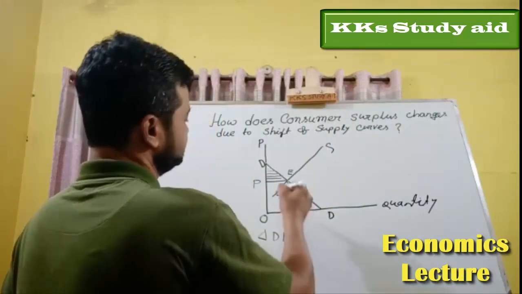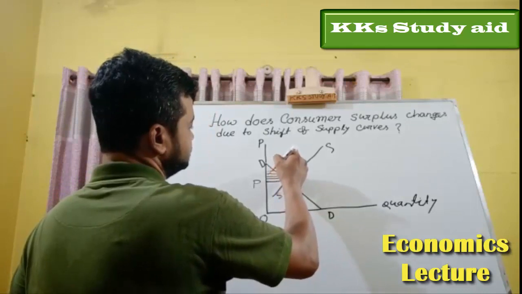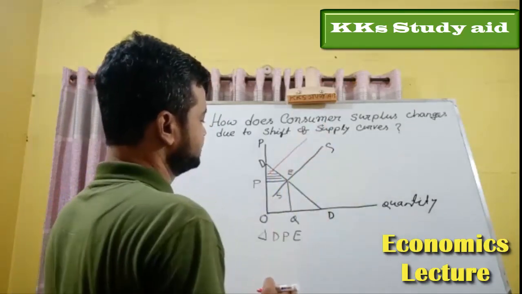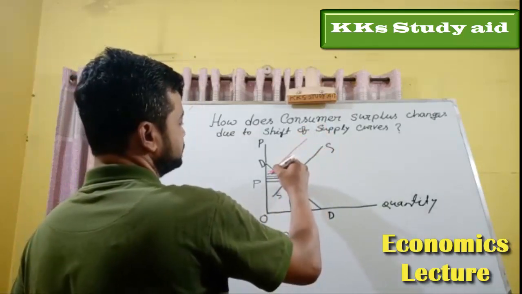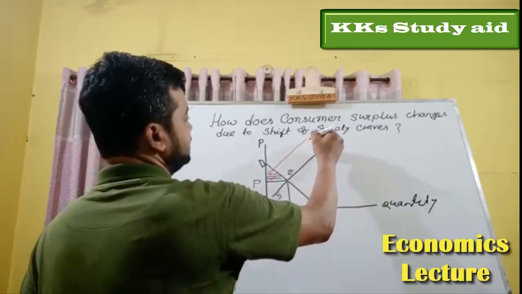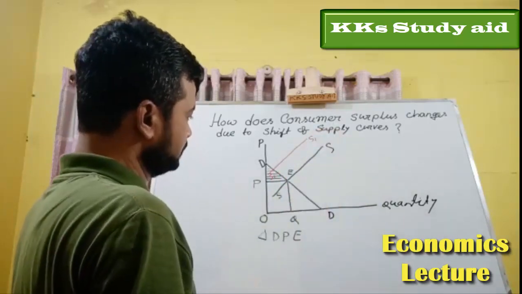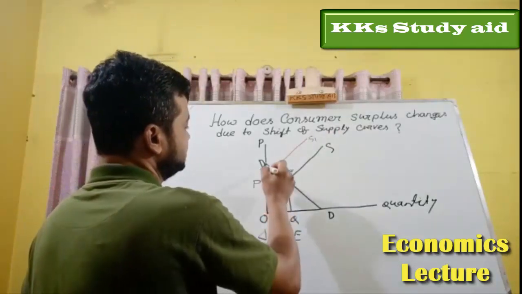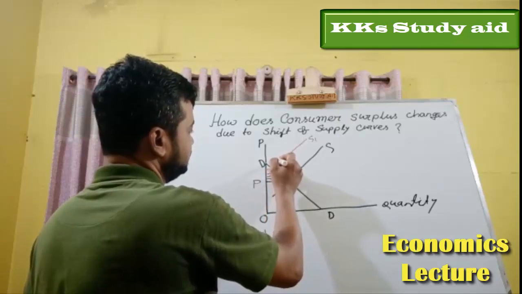Think that the supply curve shifts from S to S1. So what will occur here? We get another equilibrium point here and call it E1.